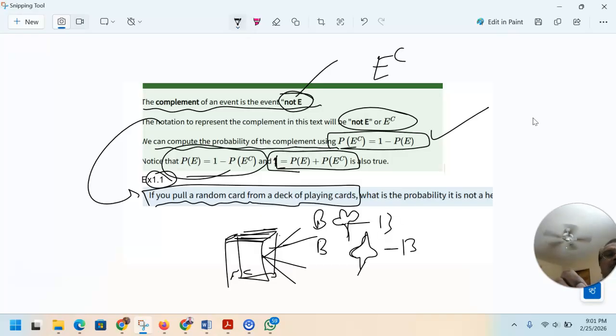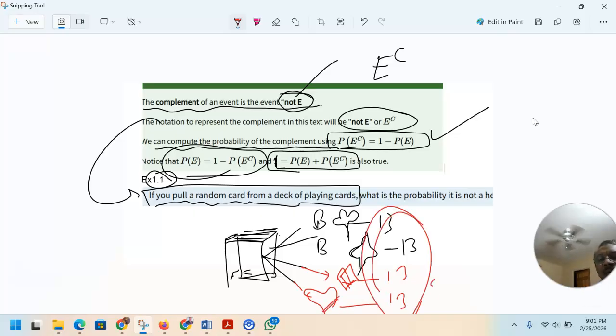You have diamonds, again 13 of them, and there is also hearts, and these are 13. So they all add up to 52. So there are 52 cards.